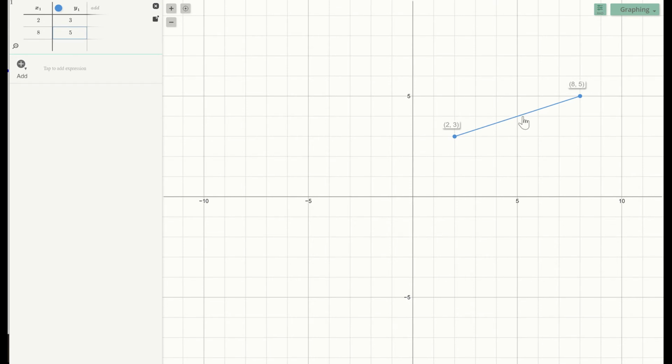So as this line makes its way 1 unit further up, the horizontal distance that is traversed at the same time is 3. So that's why we say the slope of this line is 1/3: 1 unit of vertical change corresponding to 3 units of horizontal change.